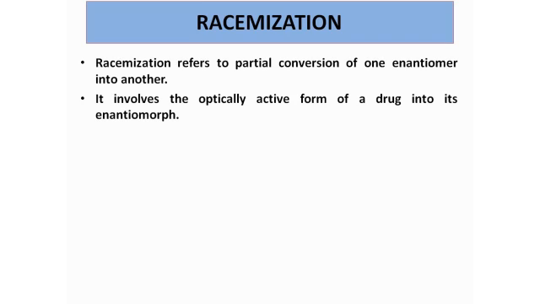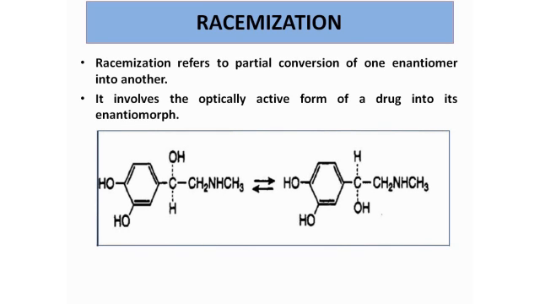If the drug is optically active, the chance is that it may undergo racemization, and then one active form of the drug may get converted into its enantiomorph. For example, you see here the change of the position of the OH. It has changed, racemization.